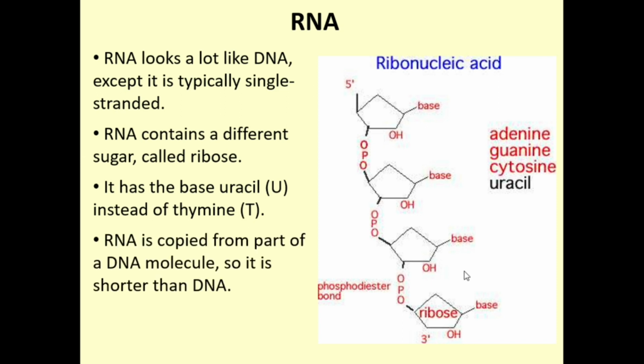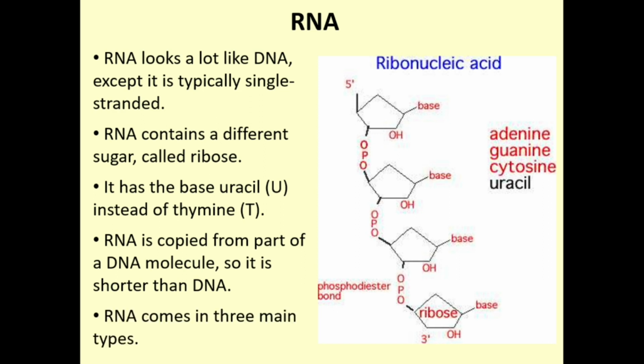What we also see with RNA is typically it's much shorter than a section of DNA. So DNA that makes up a single chromosome will carry dozens or hundreds and sometimes thousands of individual genes, whereas RNA is just copied from a short section of DNA, typically to cover a single gene. So it tends to be a lot shorter than DNA.